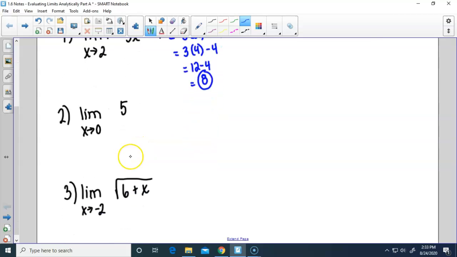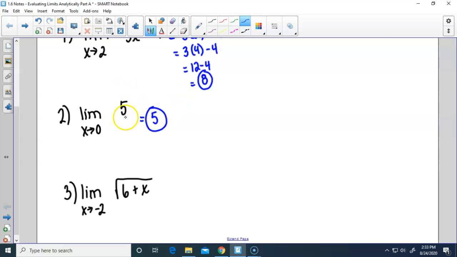Number 2 is also just a direct substitution problem. It is very simple, so simple that sometimes it's difficult, because what we're supposed to do here is plug in 0 for our x. However, you do not have an x here, so you don't have anything to plug a 0 in for. So the answer for this is just going to be 5.